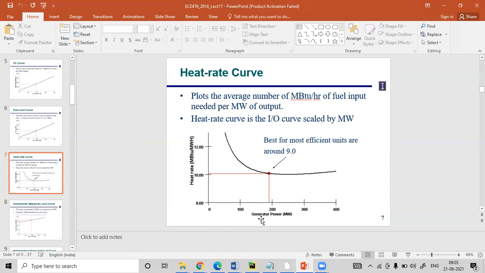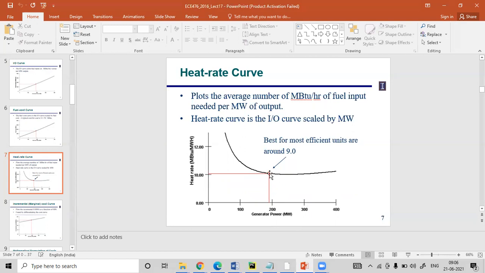You can see this is the generator power in megawatt, and this is the heat rate in terms of mega BTU per megawatt hour, right? And you can see this is the lowest point.